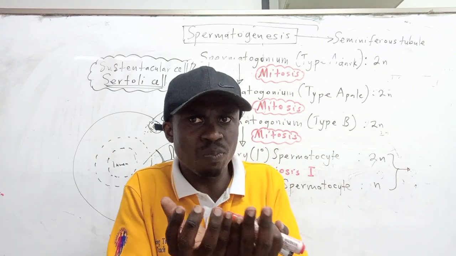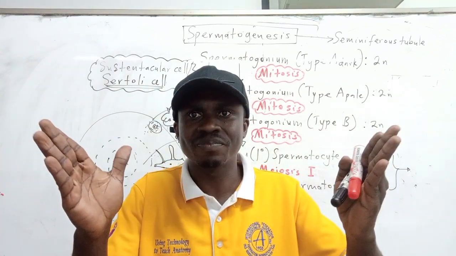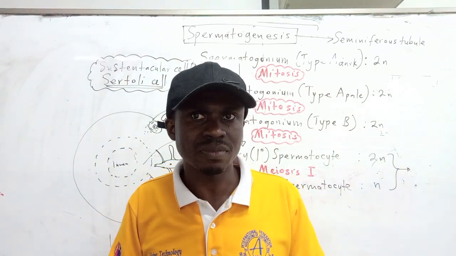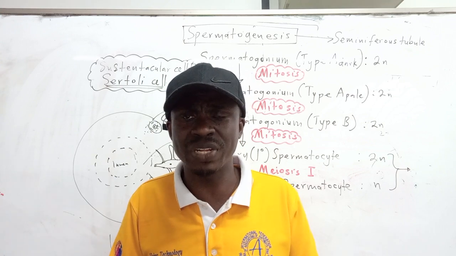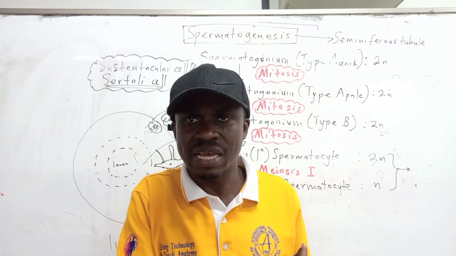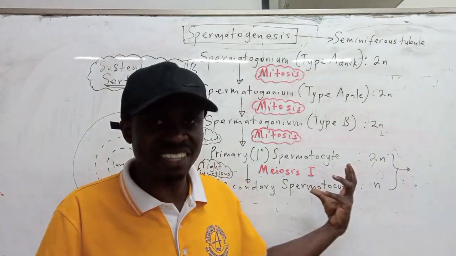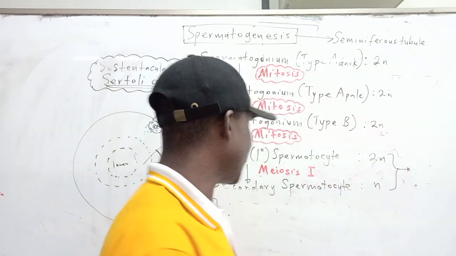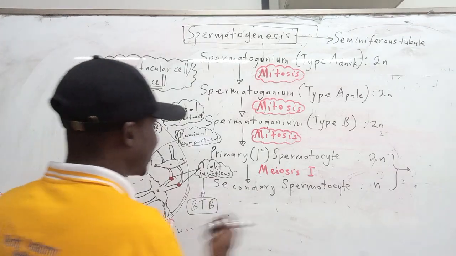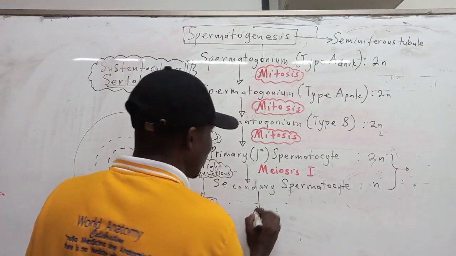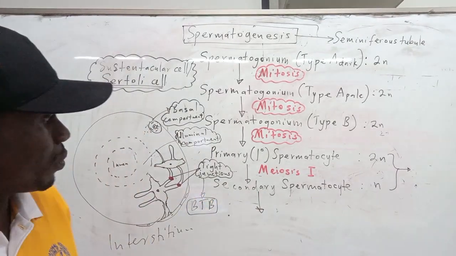They were together, diploid, so they got to separate into the functional gamete, becoming either X-bearing or Y-bearing. For you to do that, there's this thing that is taking place. Important. Good.